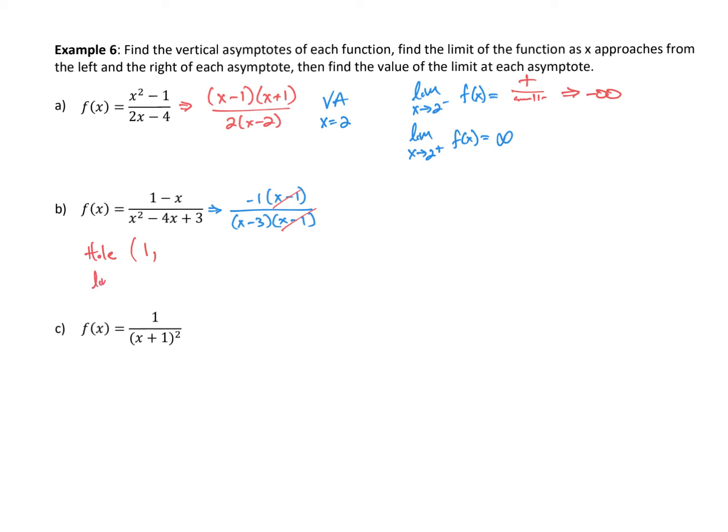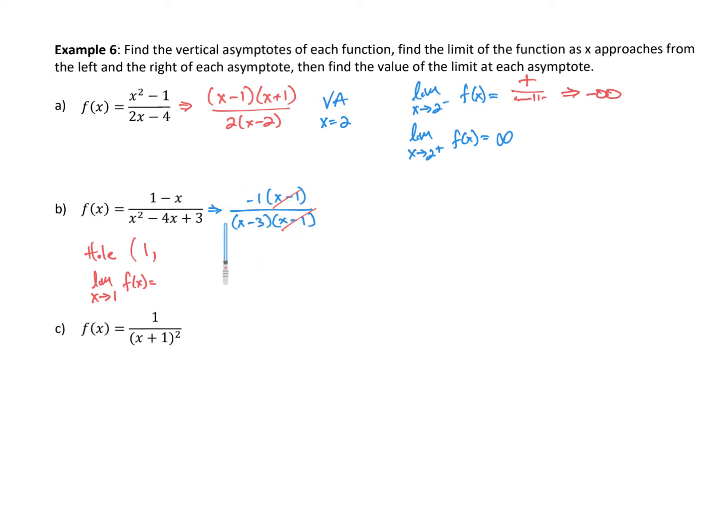Now the way we do it is we find the limit as x approaches 1 of this function. Remember doing this? All right. Now remember that I like to call this the simpler function. I'm going to do that this year and next year. So I like to call this negative 1 over x minus 3 the simpler function everywhere but x equals 1.